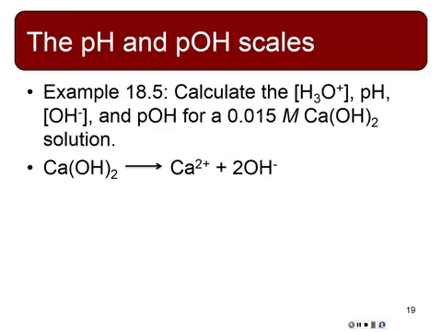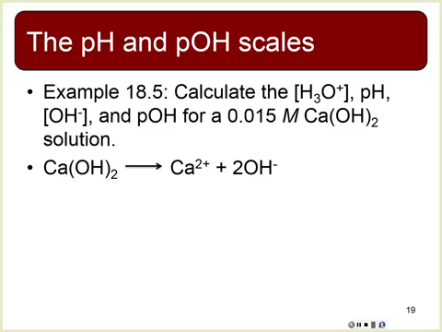This is as hard as it gets for this one, so we'll do this one together. Here we have calcium hydroxide. Is this strong or weak, and is it an acid or a base? Strong base. That's the first thing we have to identify.